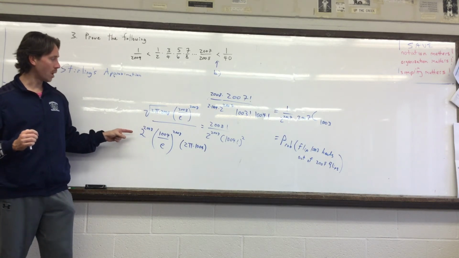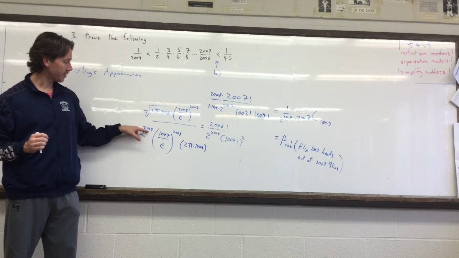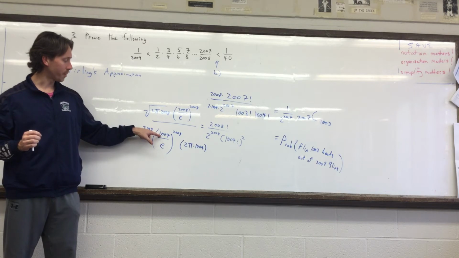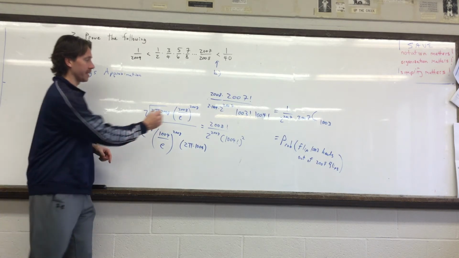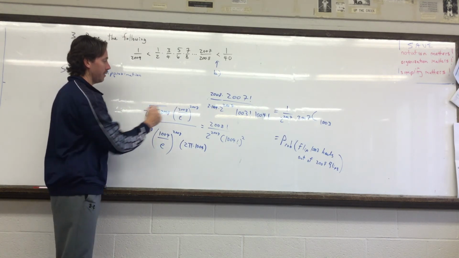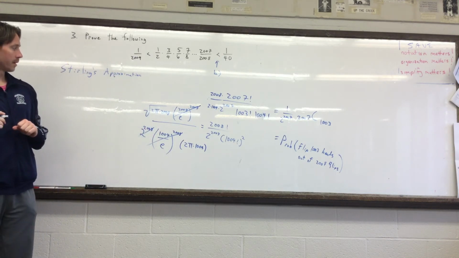Okay, and now notice how well this thing simplifies. I've got 2 to the 2008 power, 1004 to the 2008 power, so multiply them together, and it's 2008 to the 2008 power, and it perfectly cancels out with the term in the numerator. My e's also cancel out, so all of these guys divide out to 1, and we're in pretty good shape.